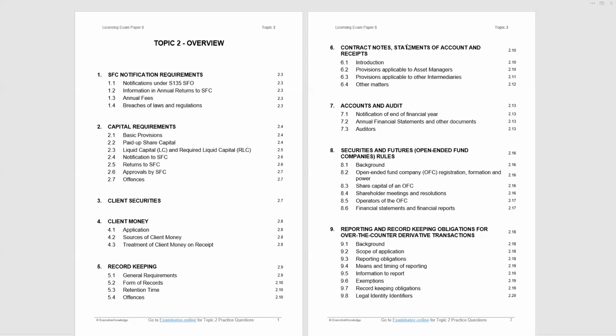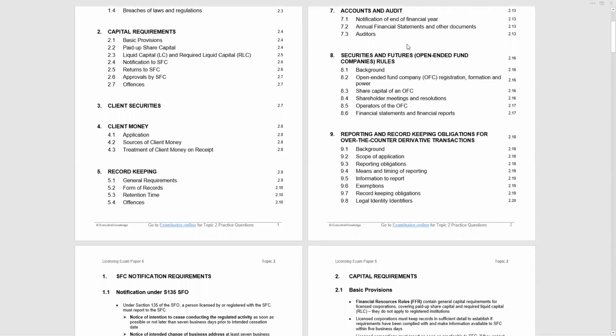Then a set of rules that's been out for a few years now, reporting and record-keeping obligations for over-the-counter derivative transactions, OTC derivative transactions. It's all to do, in this case, with reporting to the HKMA. If it came up, I think it would be 1 question, and I will give that coverage.